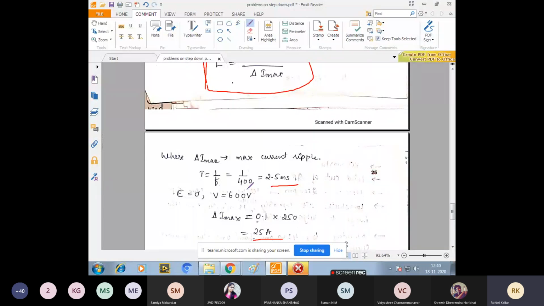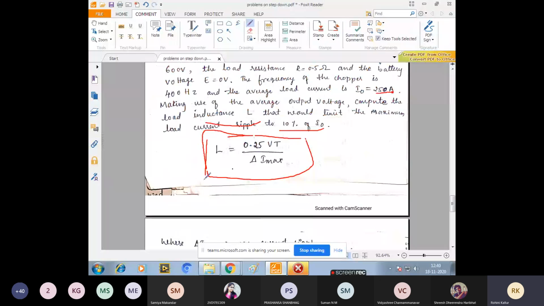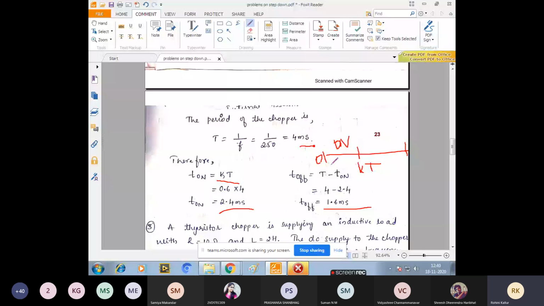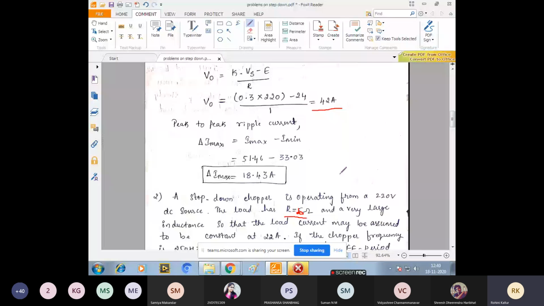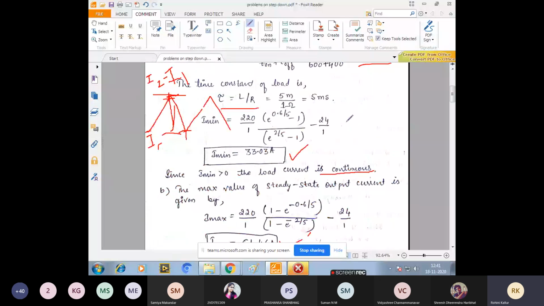Okay, and we have calculated what is capital time period T, what is duty cycle K, what is delta I max, what is capital I max, capital I min, as well as we have also calculated what is the inductance value, that is L, and we have seen what is to be calculated for T on and T off if it is not mentioned in the problem, and we have also seen how to calculate delta I max when we know the value of R, L, E and T on and T off. So all varieties of step down chopper with RL load we have solved today.